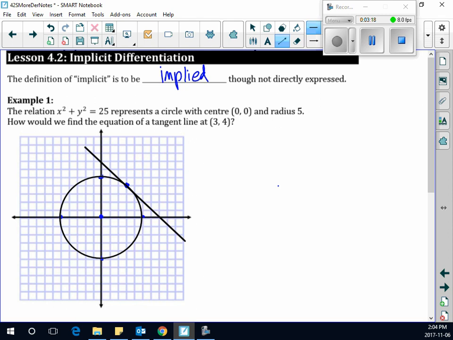Yeah, it helps if you have a ruler. And the other thing is I know it's going through (3, 4), so I'm trying to make it go through exactly there. But normally you wouldn't necessarily know it's going through (3, 4), except that I'm telling you that. So, can anybody tell me the equation of this tangent line?